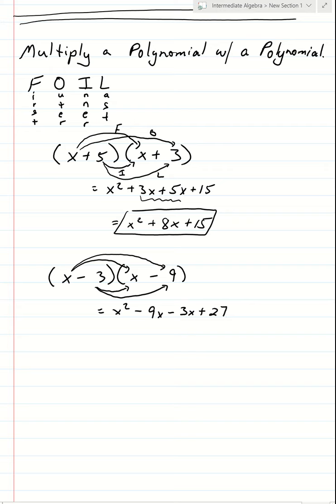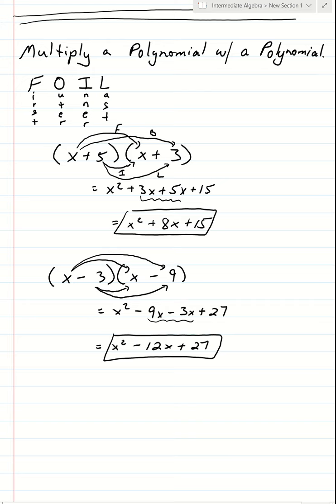Watch your signs. Simplify as always by combining any and all like terms, and right here in the middle we have some like terms. So we would keep the x squared. The negative 9 minus 3 would give us a negative 12x plus 27, and that would be your simplified expression.